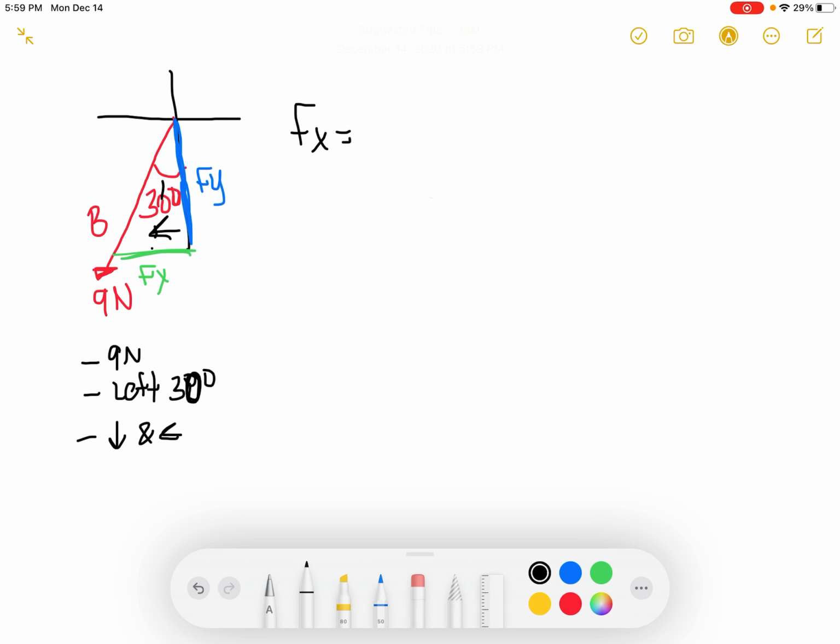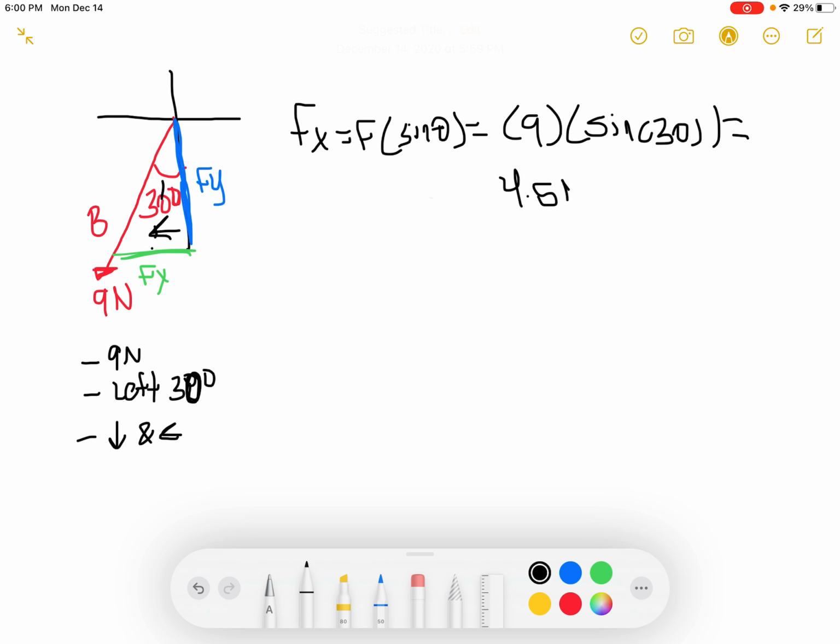So remember, it's force times sine of angle. That is going to be 9 times the sine of 30, which is 4.5 newtons. Once again, like the other problem, but this time negative, like I said, because it is left. It does matter if you do negative or positive, so keep that in mind.